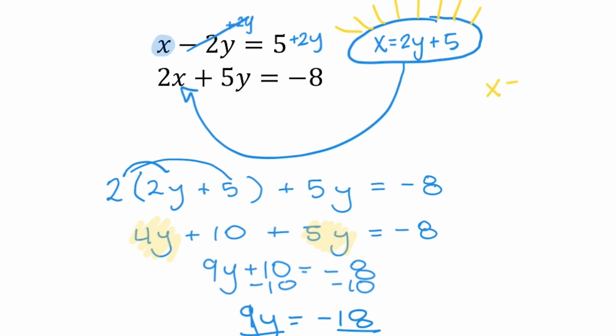So x is 2y plus 5, which means that's 2 times negative 2 plus 5, which is negative 4 plus 5, which is 1. So the solution to this system is x equals 1 and y equals negative 2.